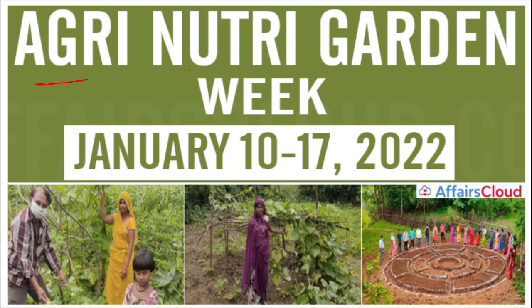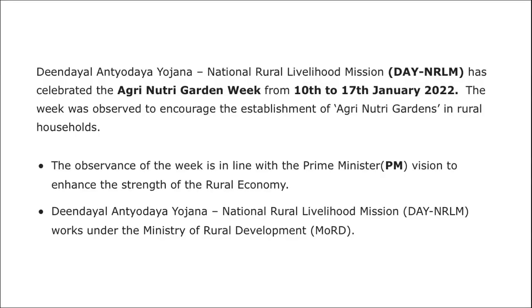Next, Agri-Nutri Garden. Then you need to remember Agri-Nutri Garden Week. We just saw them in one-liners that from 10th to 17th of January we observe Agri-Nutri Garden Week. Deen Dayal Antyodaya Yojana, the National Rural Livelihood Mission, has celebrated the Agri-Nutri Garden Week from 10th to 17th of January.